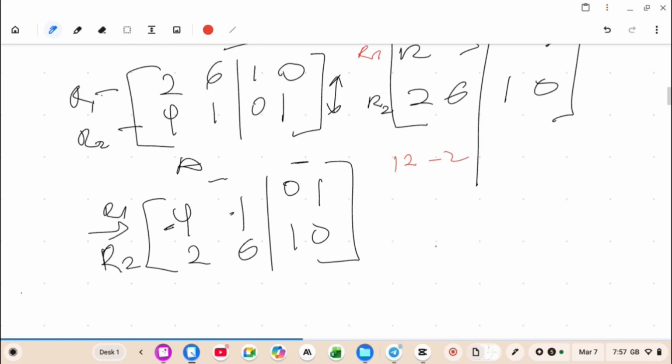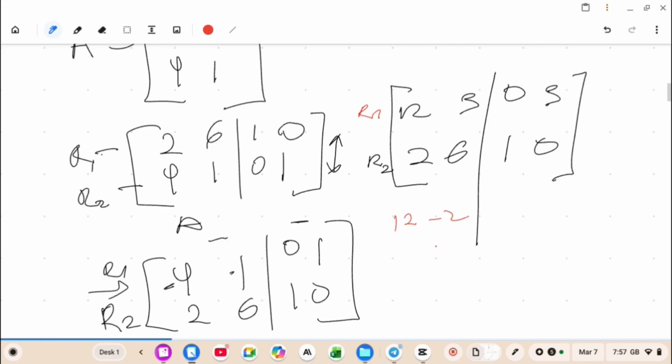These are some of the operations that you can do in order to find the identity element. You can multiply through, you can interchange the rows, and you can also divide a row.